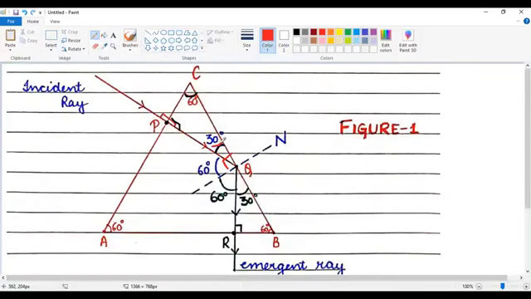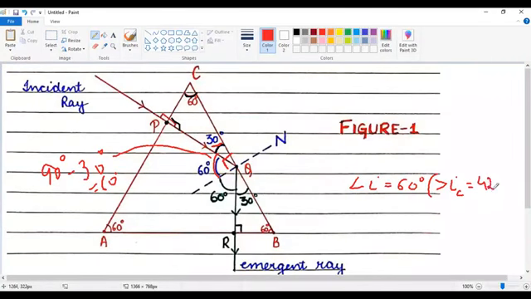If some part of the angle is 30, then the remaining angle will be 90 degrees minus 30 degrees, that is 60 degrees. So at point Q, the angle of incidence is 60 degrees, which is greater than the critical angle assumed to be 42 degrees.